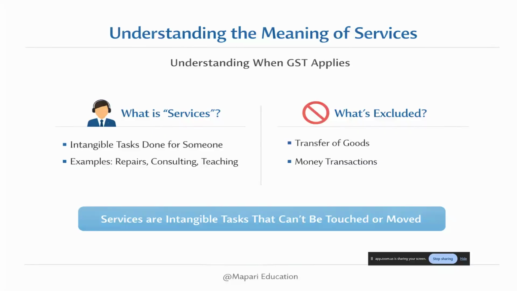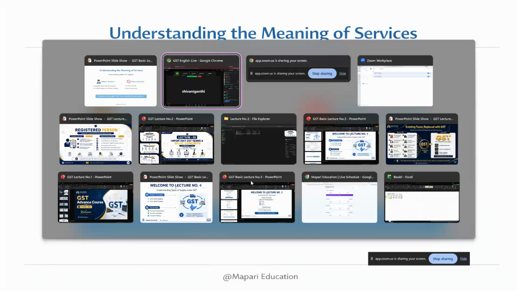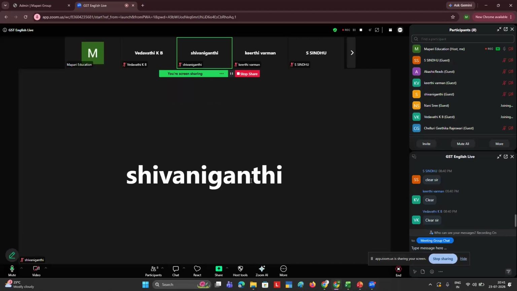What is the meaning of services? I think all of you are from a commerce background, so you must know about services. I'm teaching you right now. Is this goods or services? Please tell me. I'm teaching you content. Is it goods or service? Service. So how can you explain why this is a service?